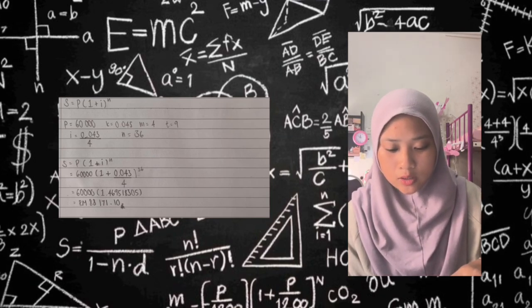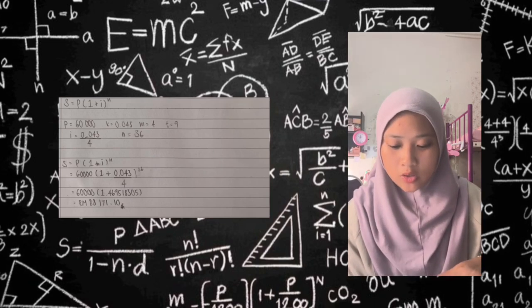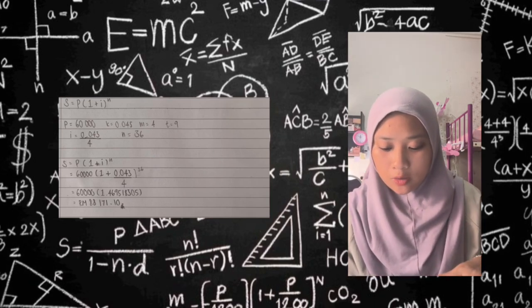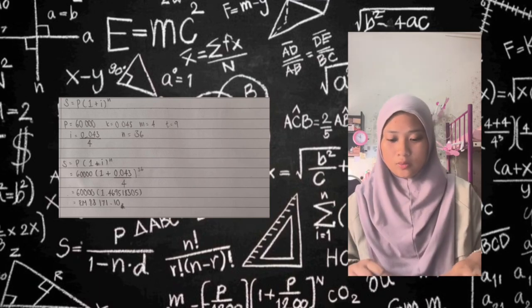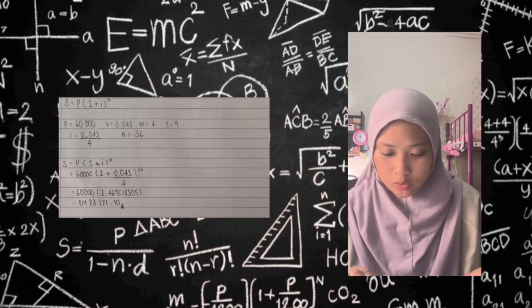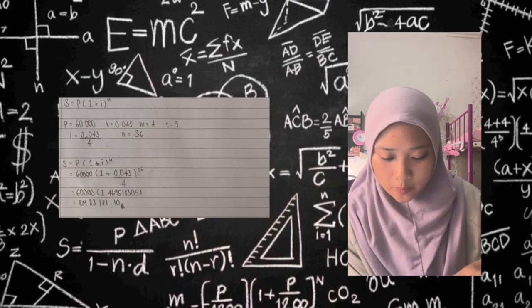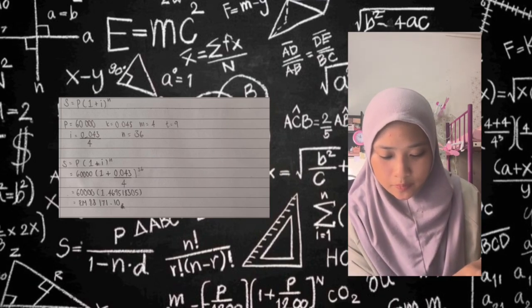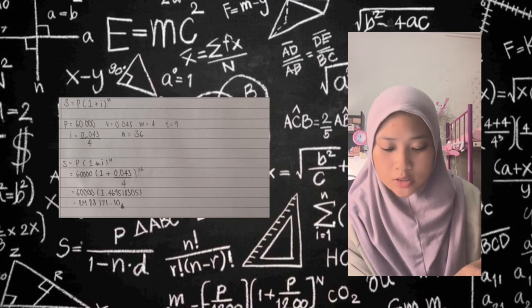and N equals 36. Alright, for this question, we'll be using the compound interest formula, which is S equals P bracket 1 plus I power n. So S equals P, 60,000, 1 plus 0.043 per 4 power n, which is 36.